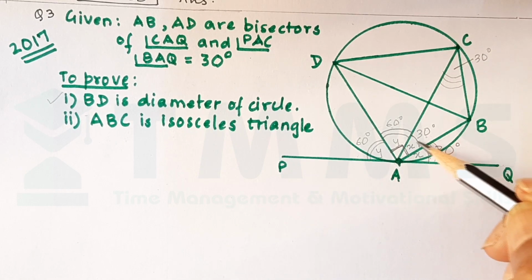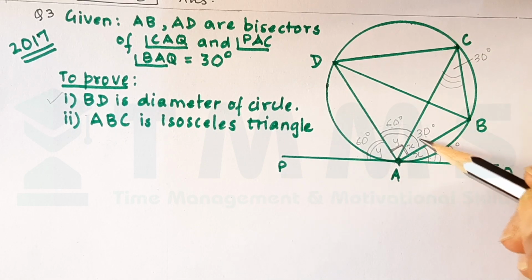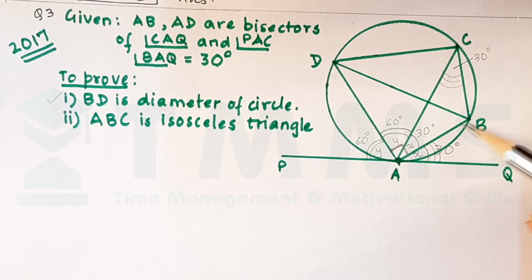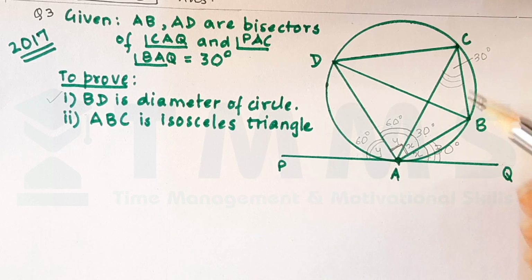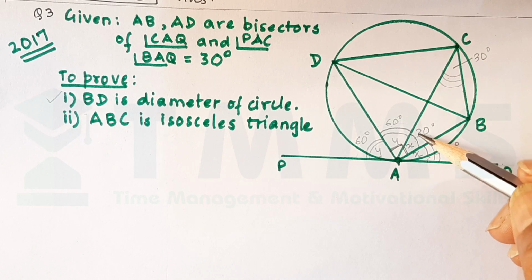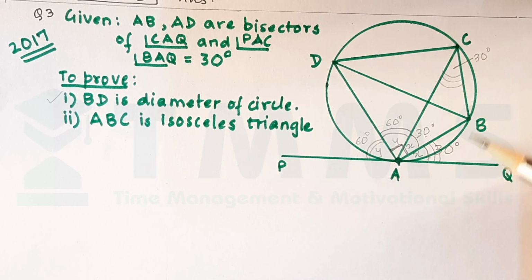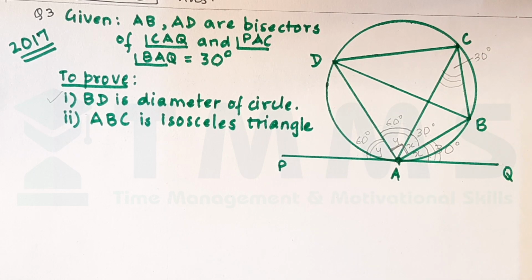Now in this triangle, this is 30, this is 30. So two angles are 30 degrees each, and so it becomes an isosceles triangle, and I'll say that sides opposite equal angles are equal. So opposite this 30 is BC, opposite this 30 is AB. So we have AB equal to CB, and so it becomes an isosceles triangle.